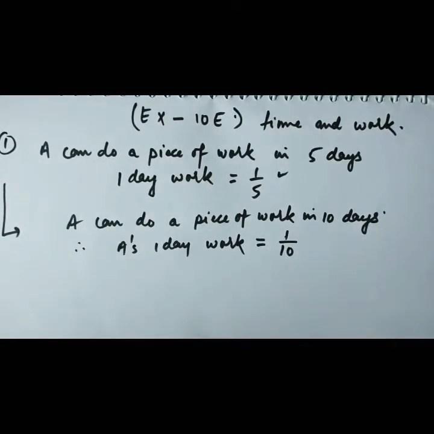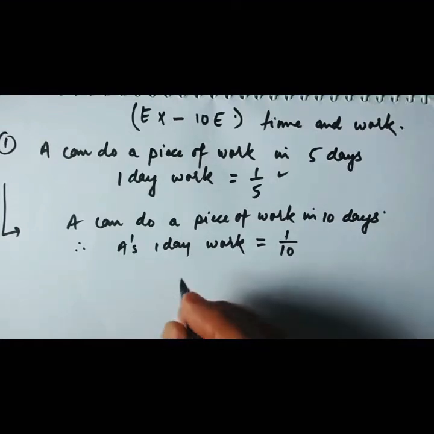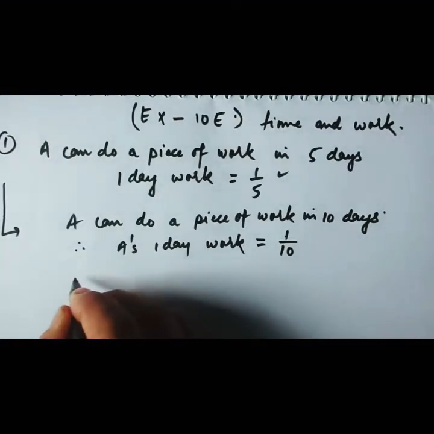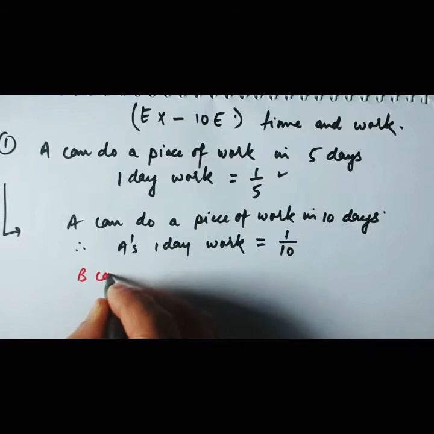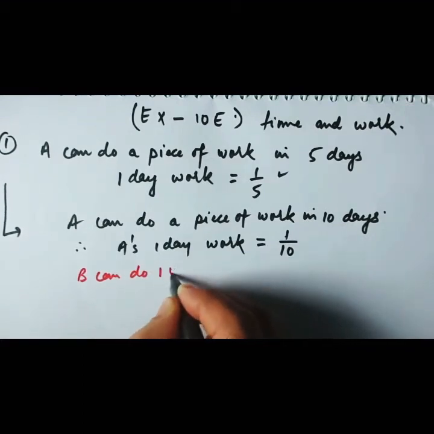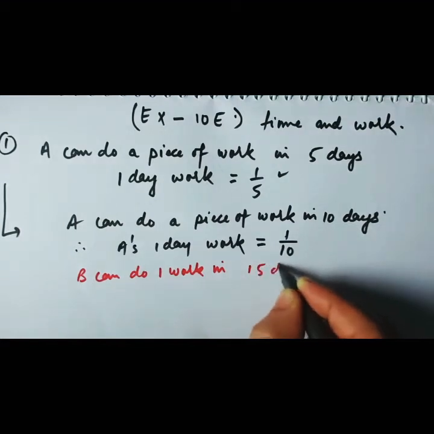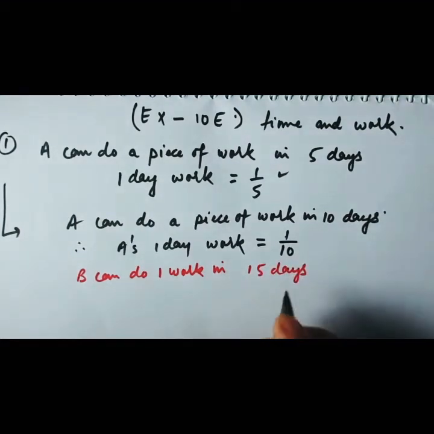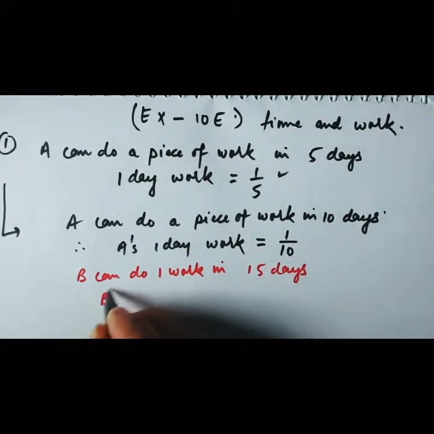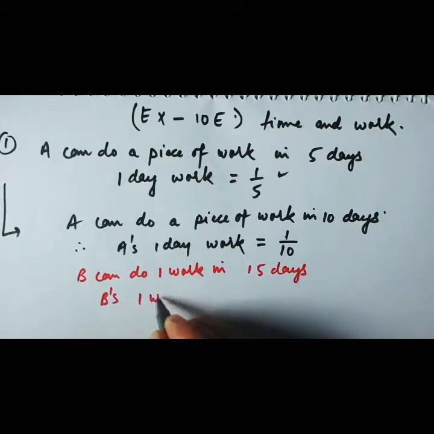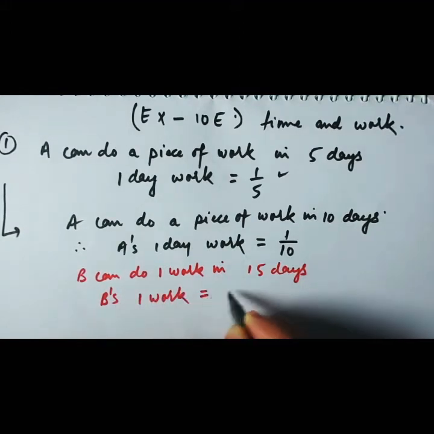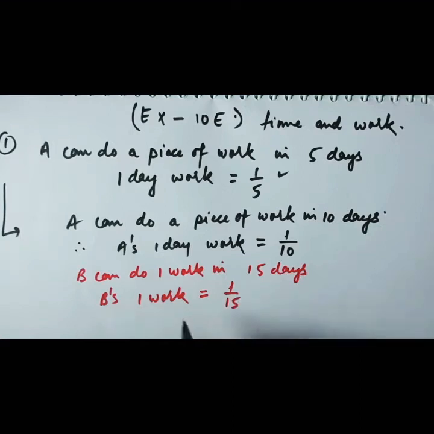They have also given you B's work. B can do the work in 15 days. So similarly, B's 1 day work will be equal to 1 by 15.